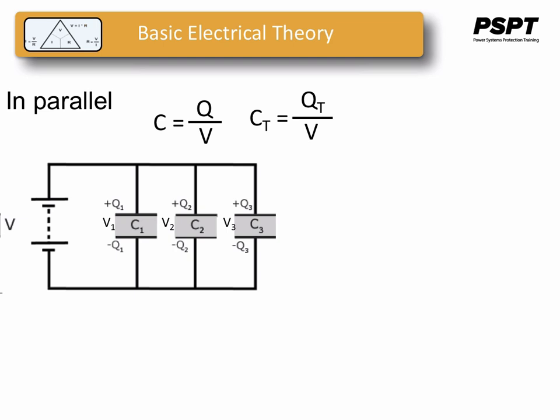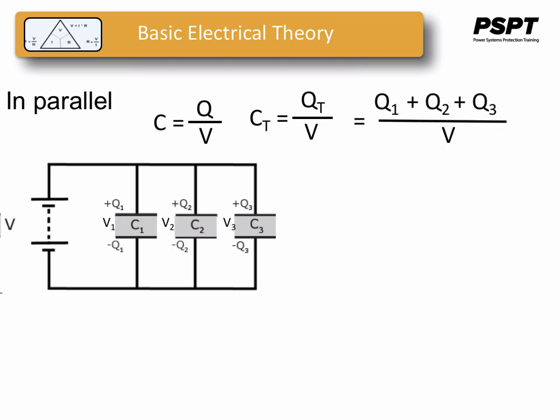In our diagram here, if we designate the sum of the capacitance of the 3 capacitors as C subscript T, then it's going to be equal to the total charge over the voltage. And the voltage across each capacitor is the same, and that's equal to the supply voltage.